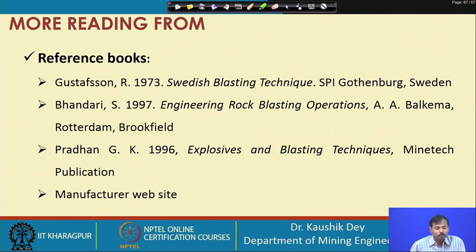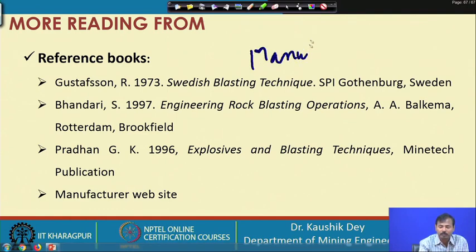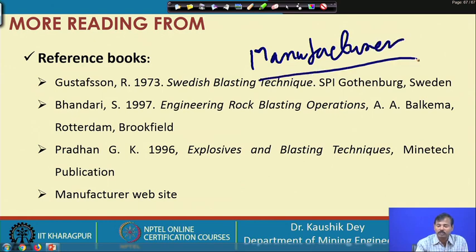I request you to please go through the different manufacturer websites, where the specifications of these tests are given. You will get a good description of the specifications of those tests and properties in this book also, and on the manufacturer websites.